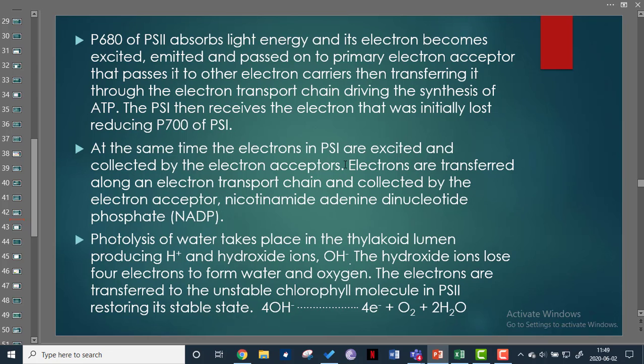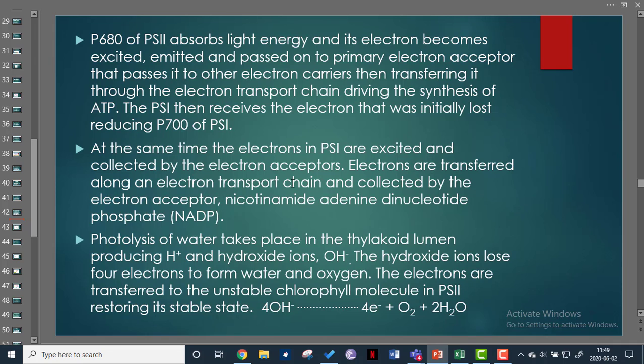Now, which electron acceptor is this? It is actually nicotinamide adenine dinucleotide phosphate, NADP. It picks up those electrons, but before it does, they must pass through what we call the electron transport chain.